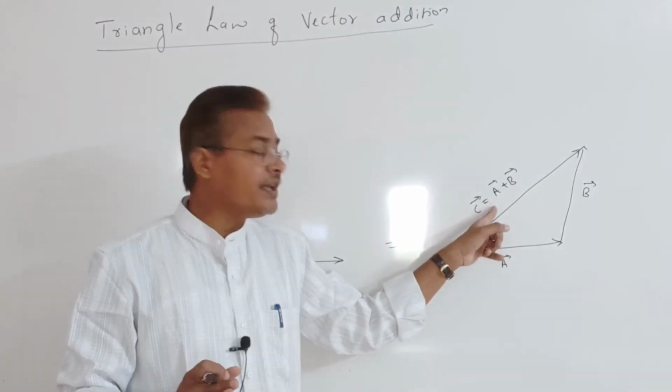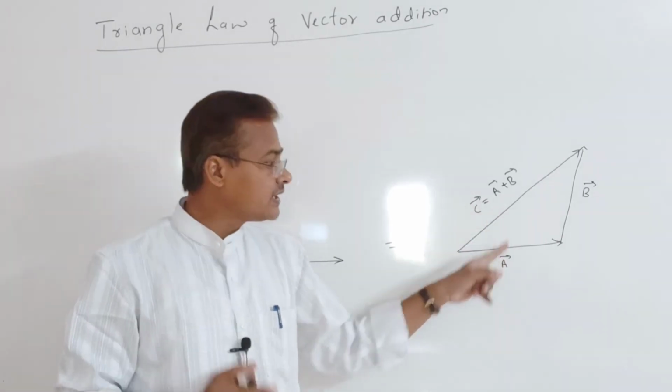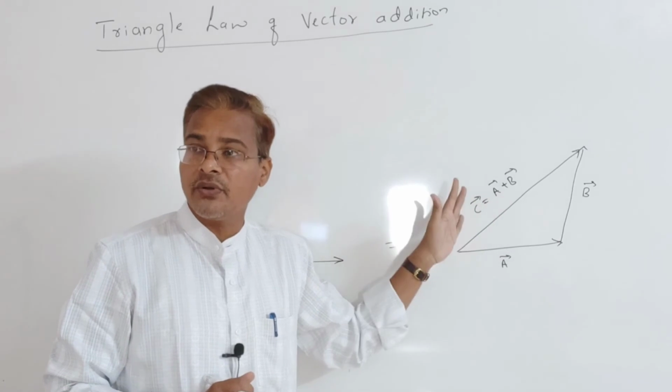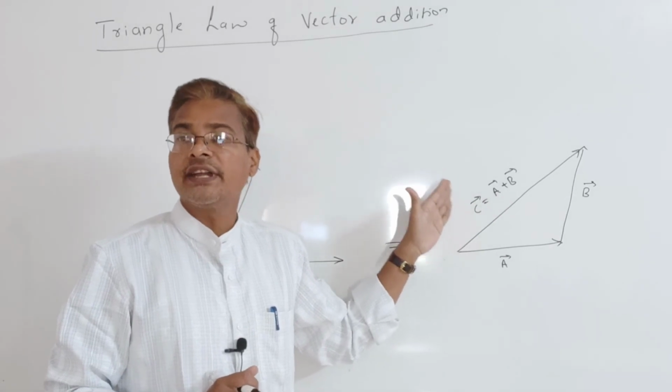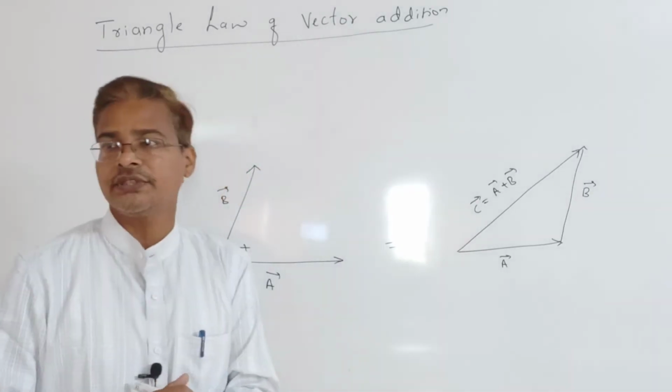It can be represented in both magnitude and direction by the third side of the triangle, taken in the opposite order.